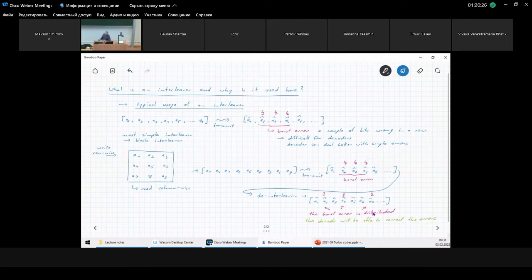And now we will see why the interleaver is used in our turbo encoder.